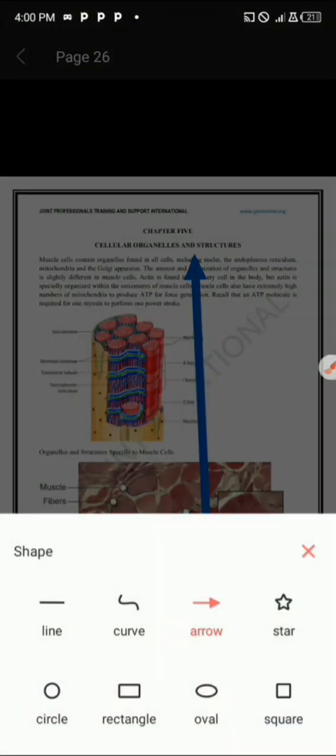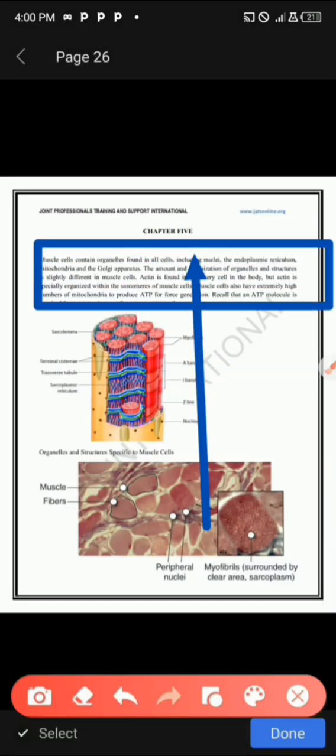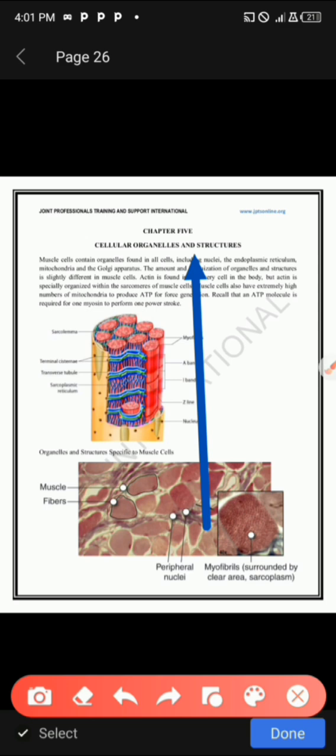Muscle cells contain organelles found in all cells, including the nucleus, endoplasmic reticulum, mitochondria and the Golgi apparatus. The amount and organization of cellular structures is highly different in muscle cells.